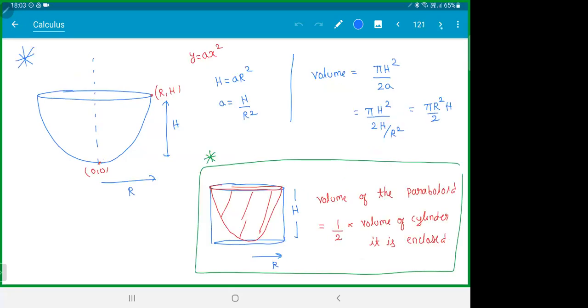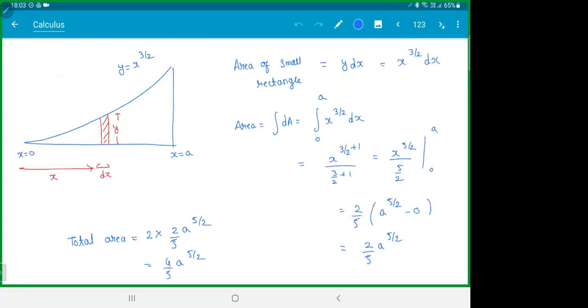Today we'll be doing something a little different: calculus based on kinematics, especially. First, let's see some general formulas and then we'll go ahead.